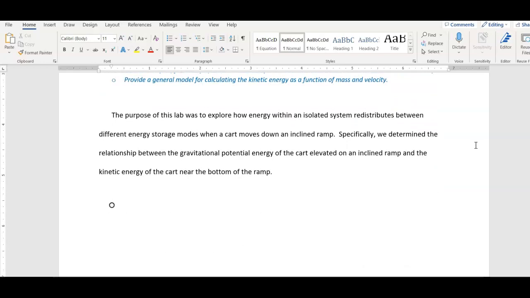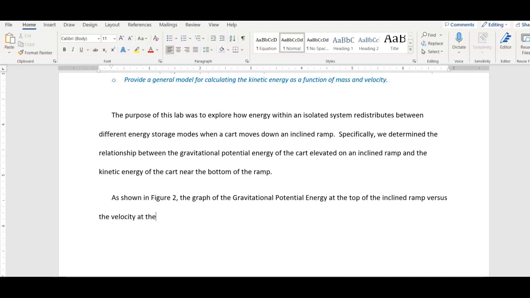So let's say, as shown in figure 2, the graph of the gravitational potential energy at the top of the ramp versus the velocity at the bottom of the ramp was curved and resembled a parabola.